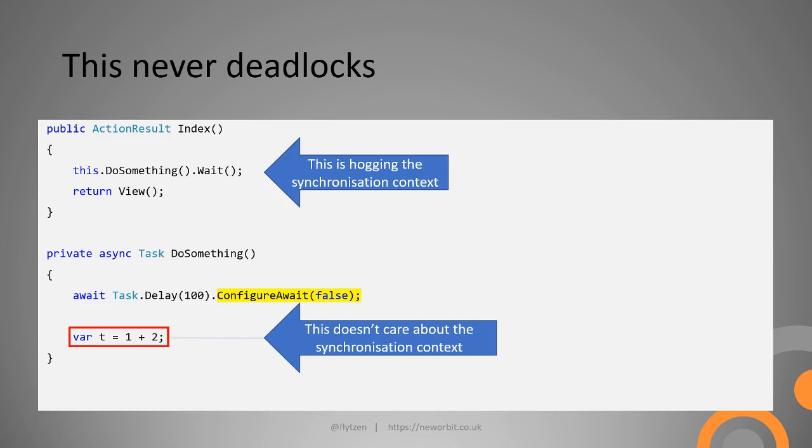I'm aware that there's multi-threading going on and I don't care. So this will run just fine, it will never deadlock, which is why they generally say the way to eliminate deadlocks in ASP.NET is to use configure await false everywhere. It does introduce threading issues, but you might as well get used to it because it's the default in ASP.NET Core.